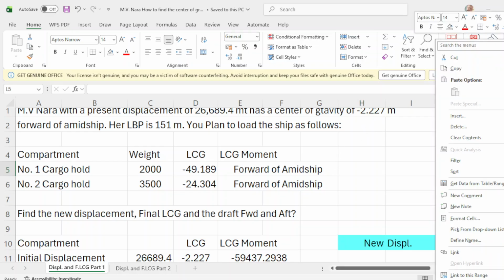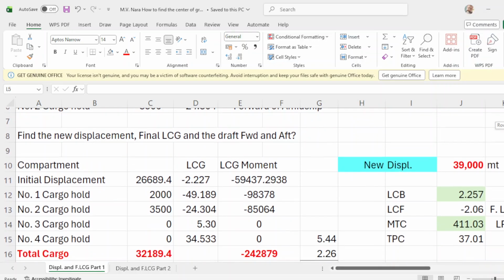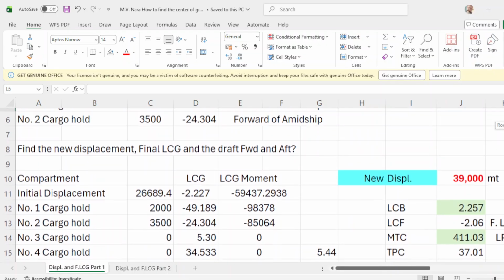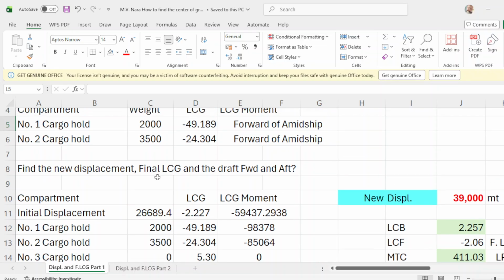In cargo hold number 1 you load 2,000, and the LCG is negative 49.189, and in hold number 2 you load 3,500, and the LCG of hold number 2 is negative 24.304.